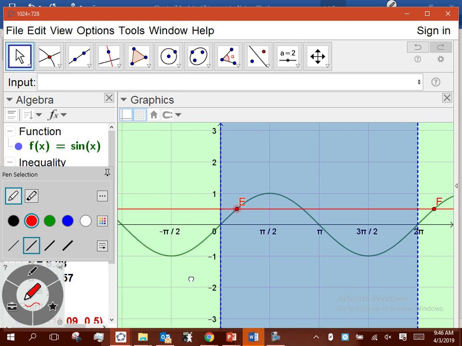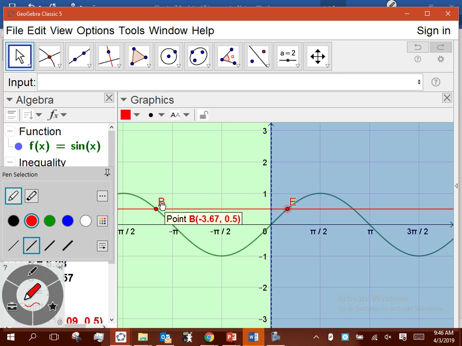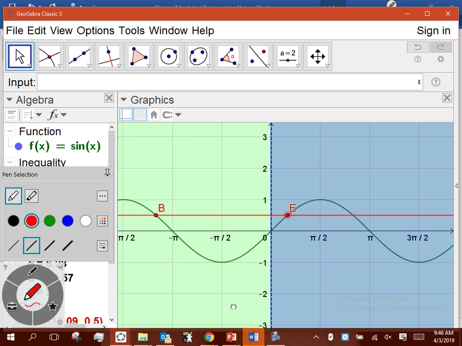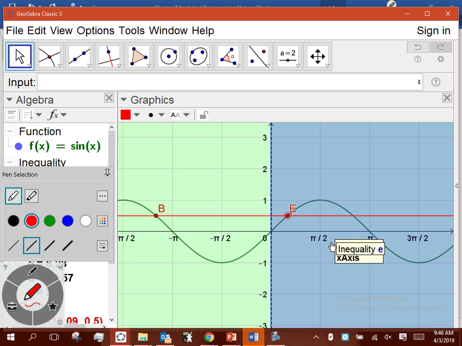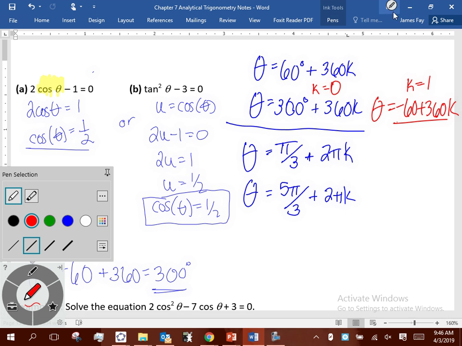If they ask me for finite solutions, and I gave back maybe negative 30 degrees, or actually it would be negative 150, that's not going to be inside that blue range, right? So that would be a problem. When they want infinite, this blue range will not be there. They want finite, this blue interval is what we're looking at, because there's a finite number of solutions inside there, right? Okay. So let's do the next one.